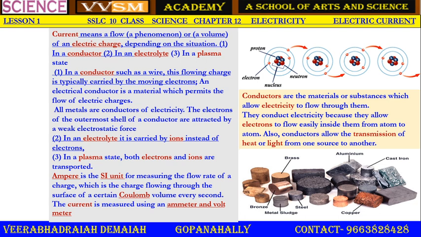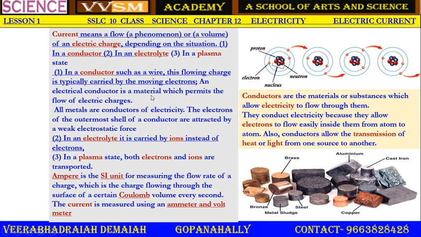The outermost orbital consists of electrons. Those electrons are free electrons. They are responsible for the flow of electric charges. For example, here it jumps to the next atom and the next atom, like this.